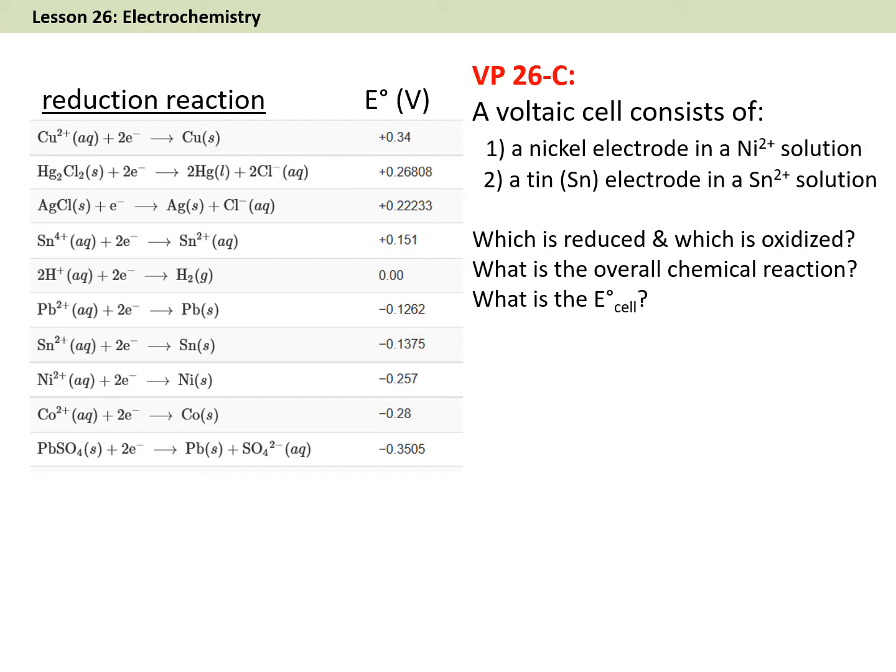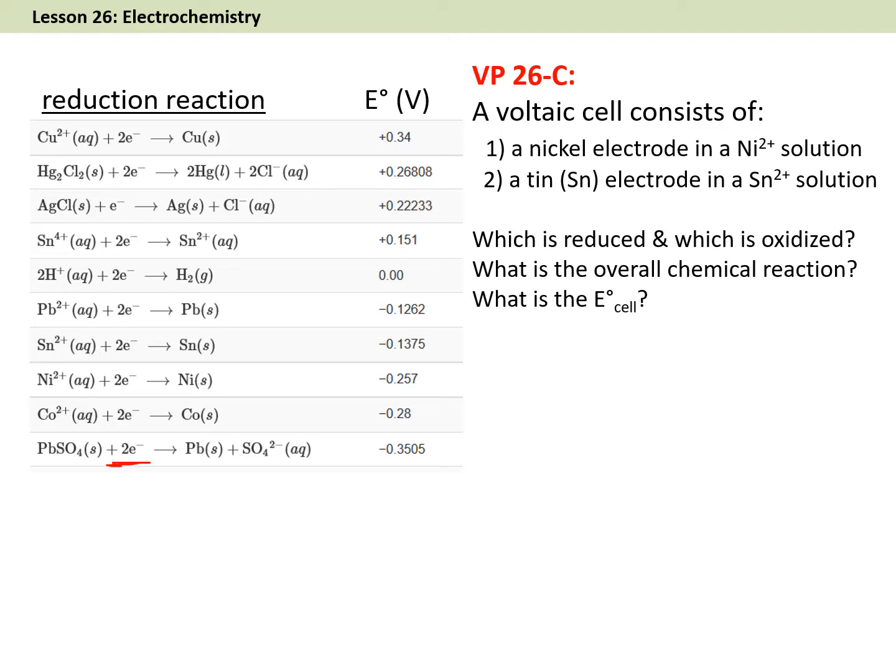26C says we have a voltaic cell that has a nickel electrode in nickel 2+ and tin, that's Sn, in tin 2+ solution. We're asked what's reduced and what's oxidized, what's the overall chemical reaction, and what is the cell potential. We have a lot of information here on the left. These are all reduction reactions because they all involve gaining electrons.